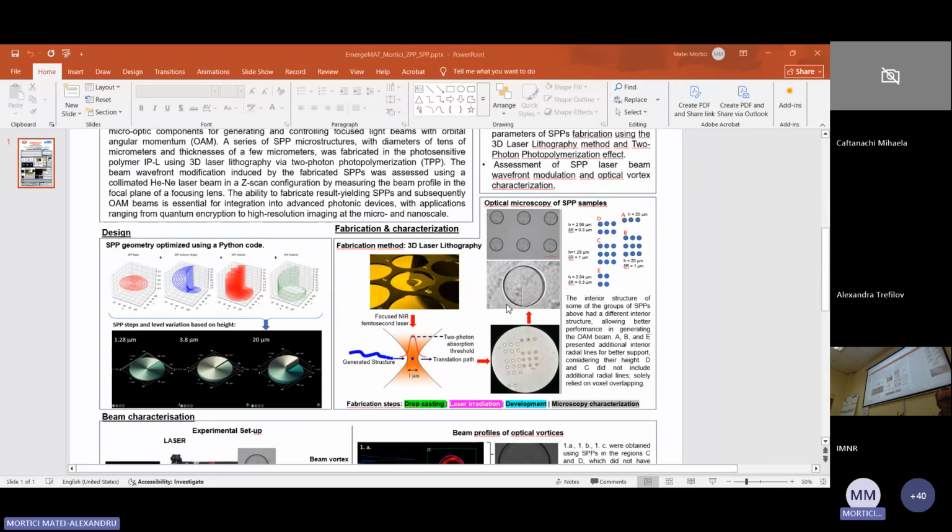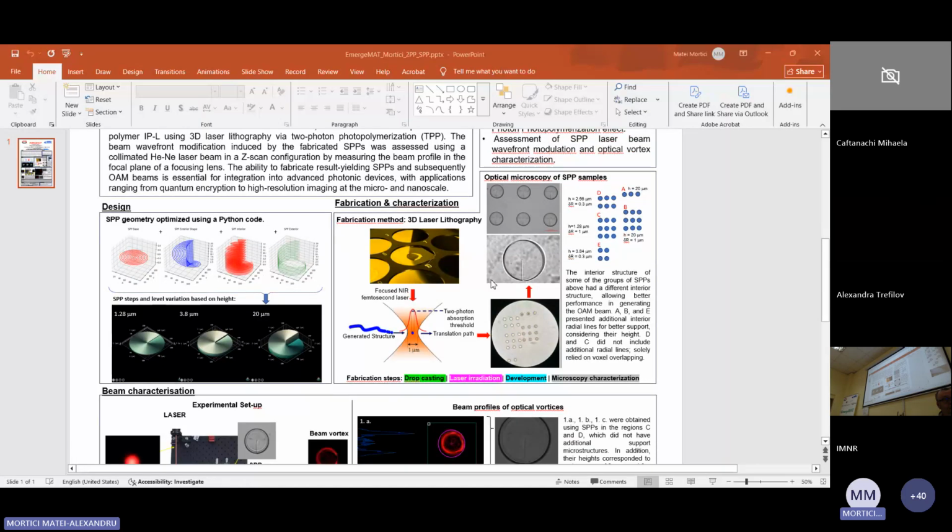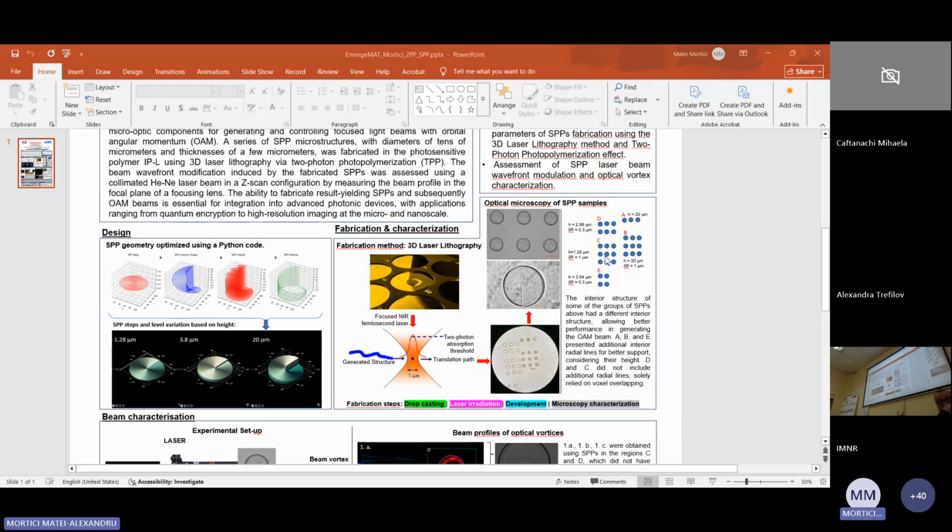Next, I think it is quite important to highlight the design process, and thus we designed several spiral plates with different topological charges and geometrical parameters, as you can see here, controlling the height variation to obtain the desired phase distribution. The fabrication was performed using a Nanoscribe Photonic system in an IP-Dip photoresist on a glass substrate.